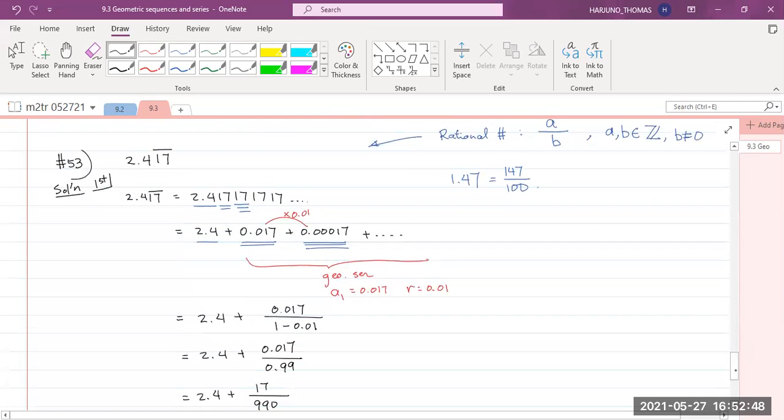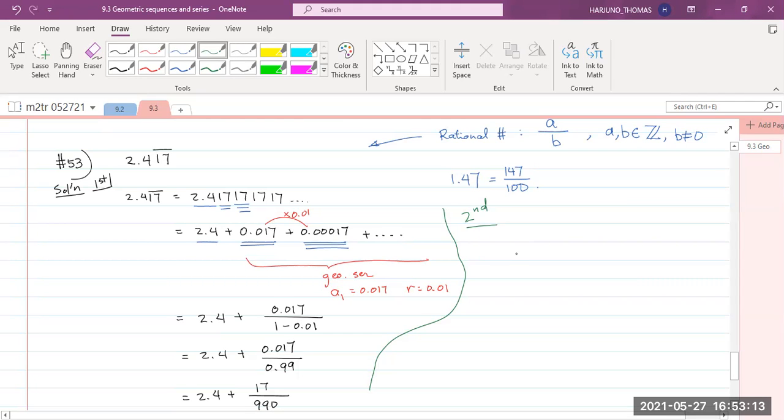Now, let me show you the second method, which in my opinion is more elegant. This is not from the textbook though. Even though it is not from the textbook, the work is actually coming from the way we prove the geometric series. Here it is.